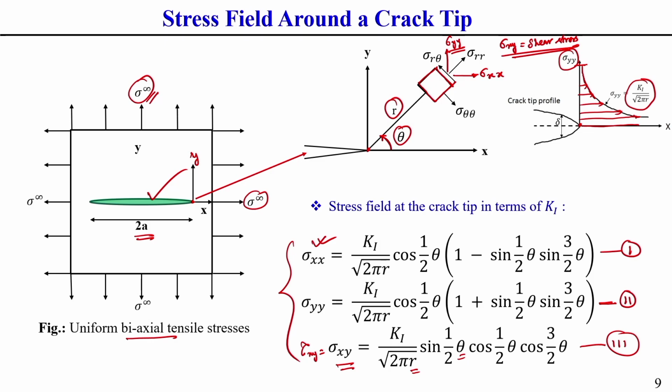Here you should always keep in mind that this derivation we have made is in terms of the opening mode stress intensity factor K1. K1 is called the mode 1 stress intensity factor. This is a very critical component for LEFM.